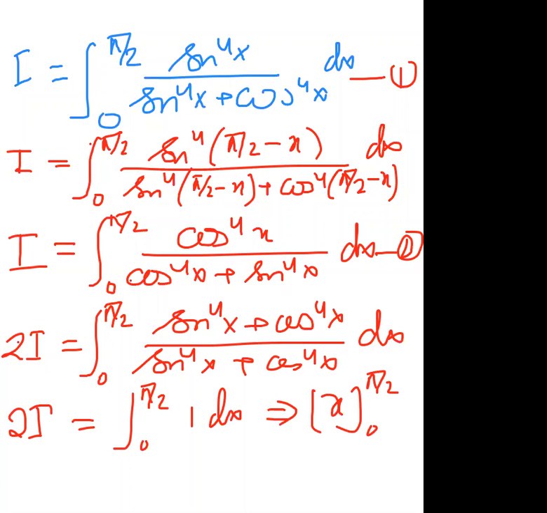So 2I is equal to pi by 2 minus 0. That implies the value of the integral will be pi by 4.